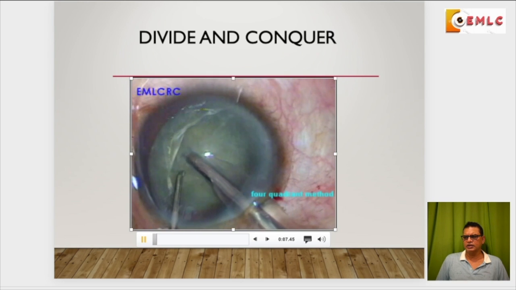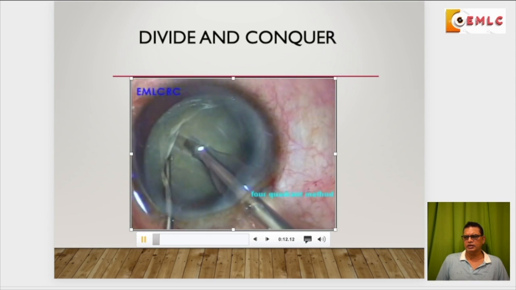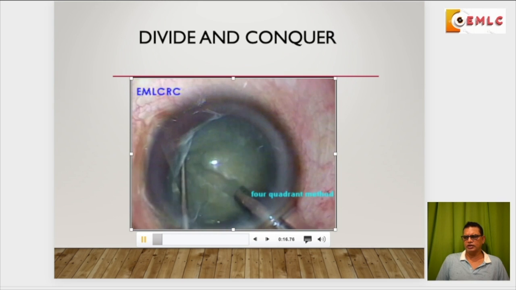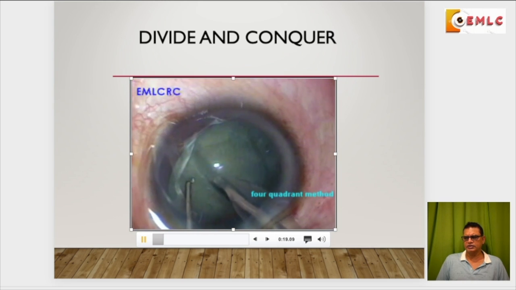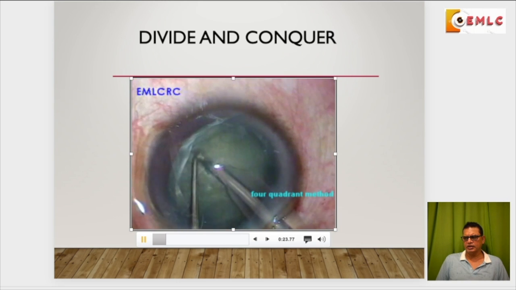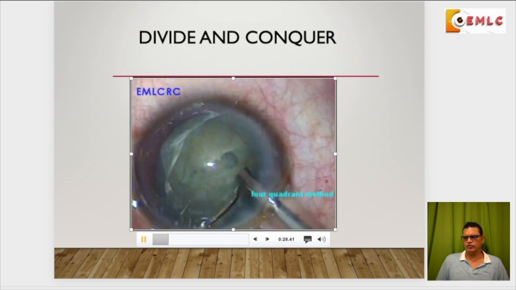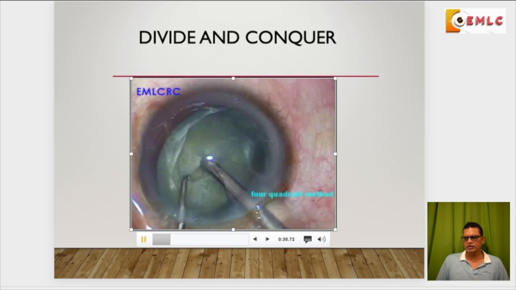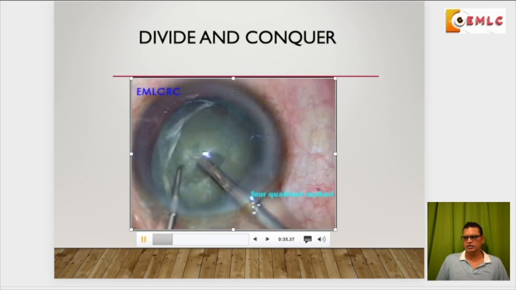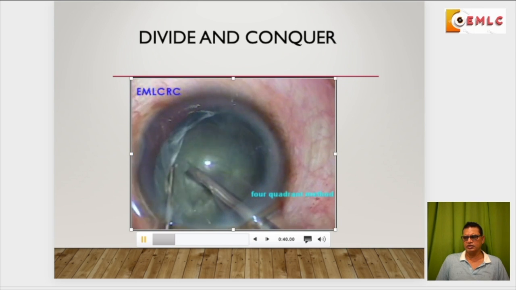As you can see that we are making a central deep trench and using a blunt chopper in the left hand and a Kelman tip 2.8 millimeter in the right hand. After I made a deep enough groove, I've rotated the nucleus and completed that cruciate incision at 90 degrees to the initial incision.